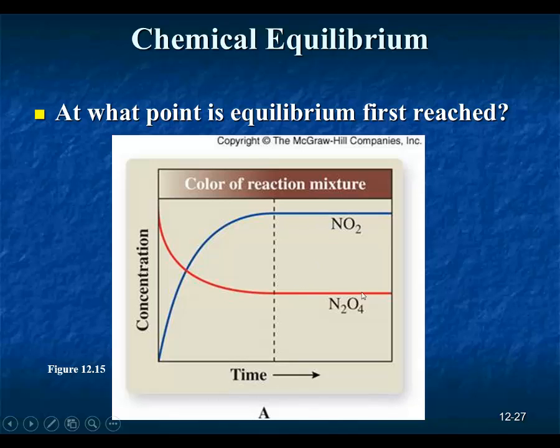So where we see no net change in concentration, the forward and reverse reaction rates have matched one another, and we no longer see a net change in concentration. So where these lines level out in concentration is when we've reached equilibrium. So this dotted line indicates when the equilibrium process has been established, where we have no net change in reactants or products. Even though I have the forward and reverse reaction occurring, their rates are the same at that point.